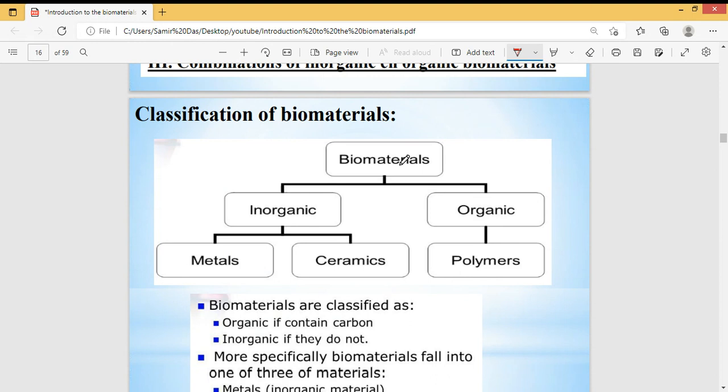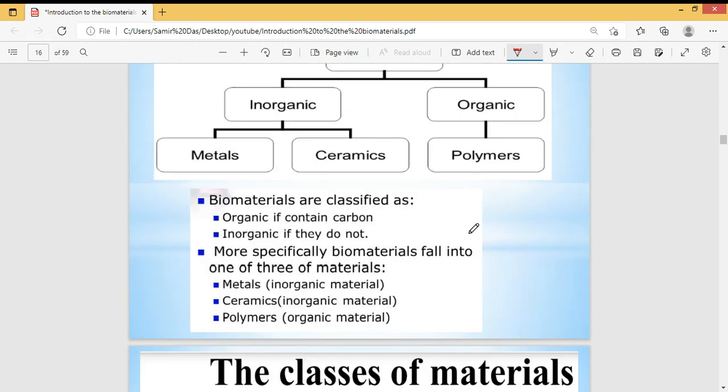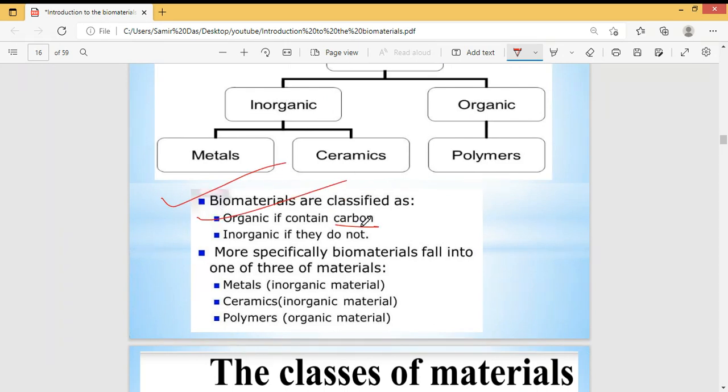So basically we have categorized biomaterials into two pools: inorganic and organic. Inorganic are classified into metal and ceramic, and organic into the polymer group. Organic biomaterials contain carbon; inorganic ones do not have carbon.